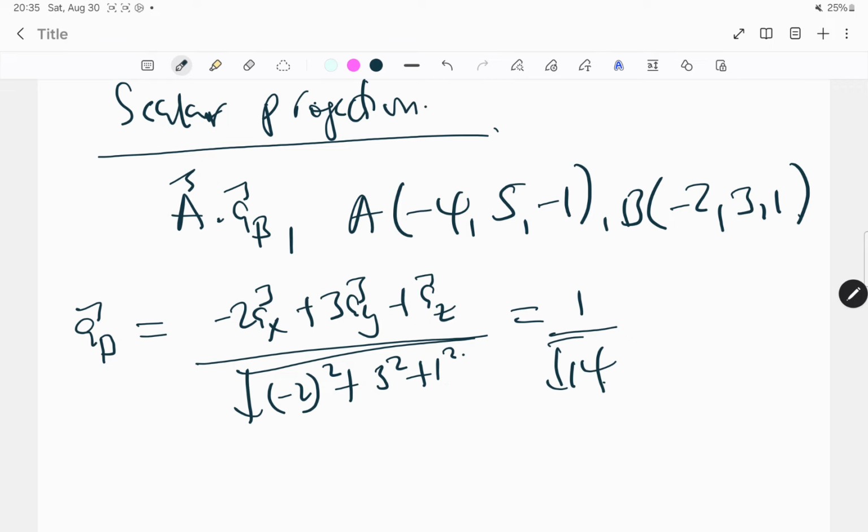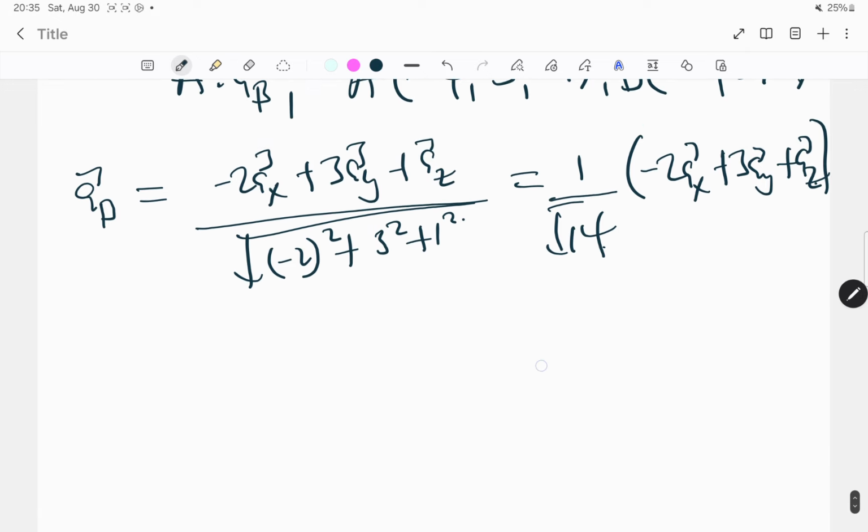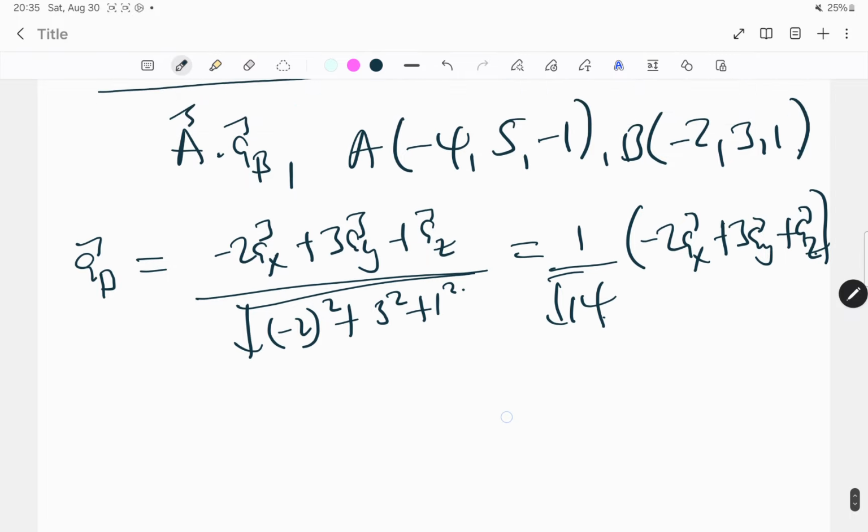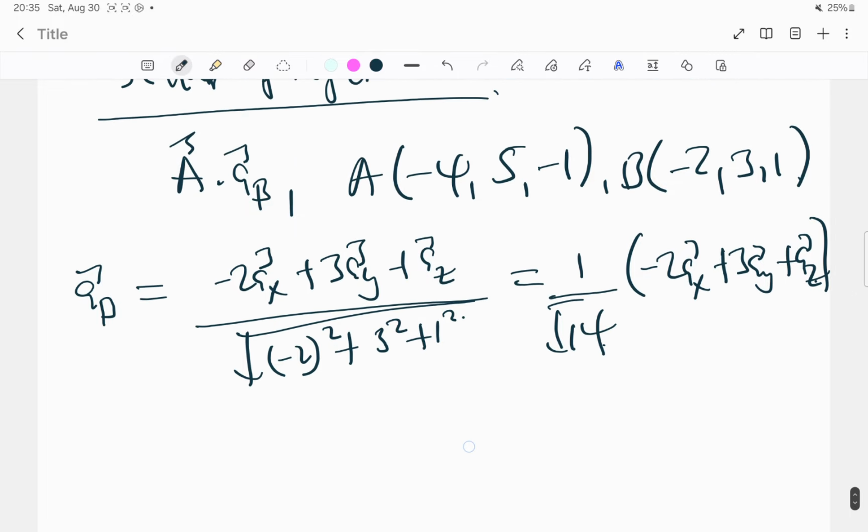So I get root 14. Then we have here minus 2 along the x-axis plus 3 along the y-axis, plus 1 along the z-axis. So I have this as my unit vector for this.